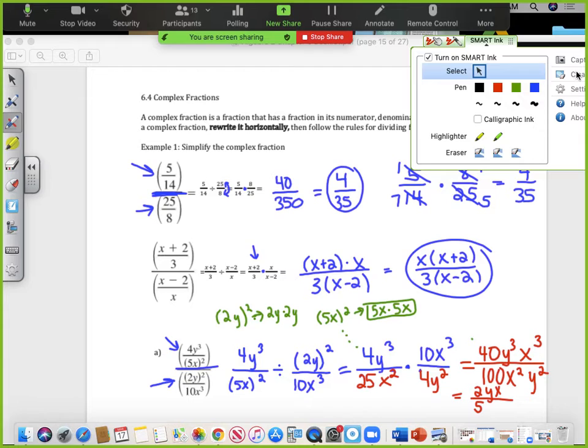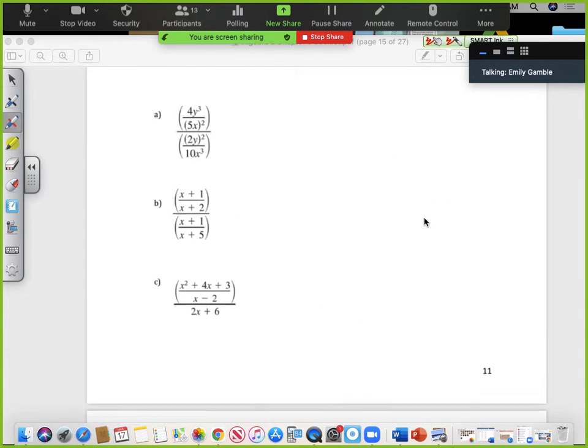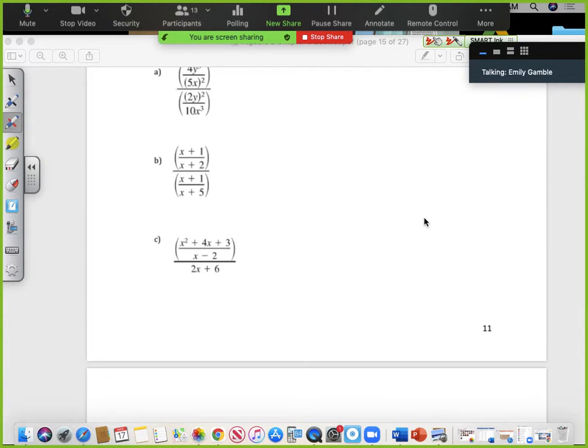All right, for the next problem, first thing you should do is rewrite it horizontally. So let's take a minute and let's rewrite x plus 1 over x plus 2 divided by x plus 1 over x plus 5.